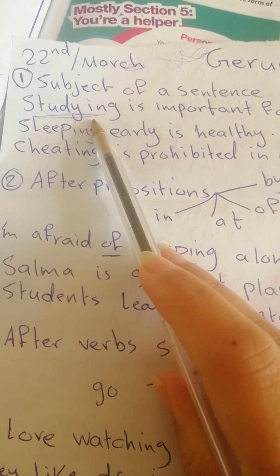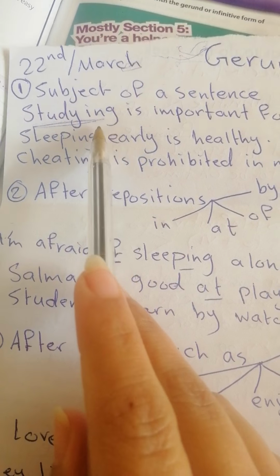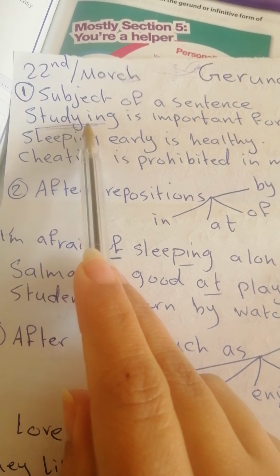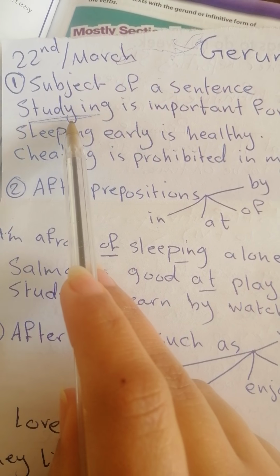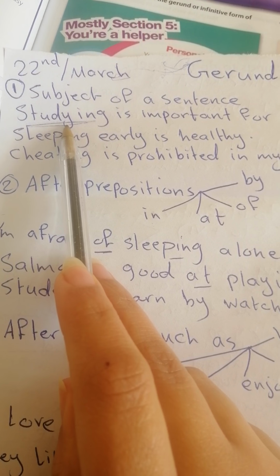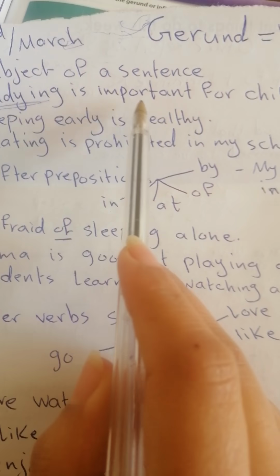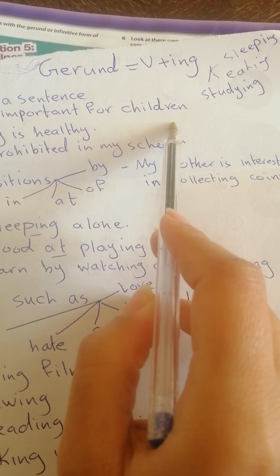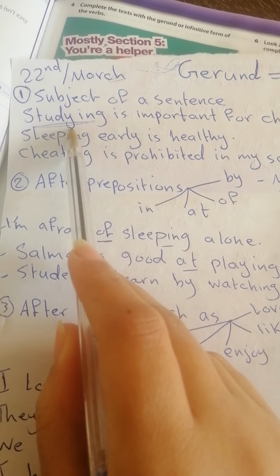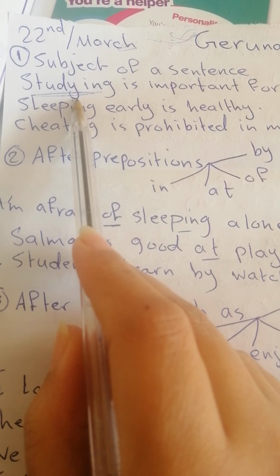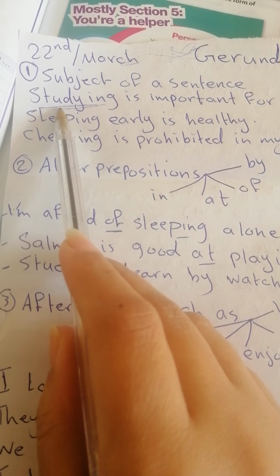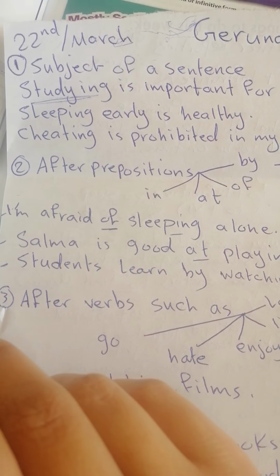In most cases, it is at the beginning of the sentence. We put it in the first place in a sentence. Studying is important for children. So you ask yourself this question: what is important for children? It is studying.